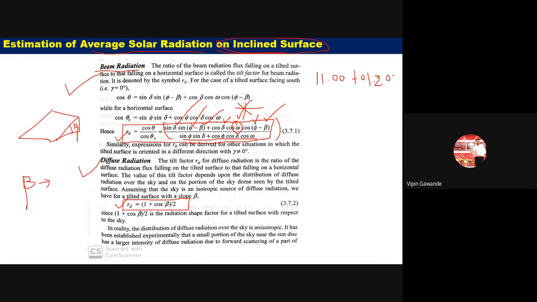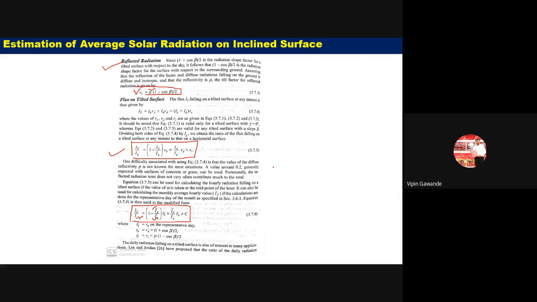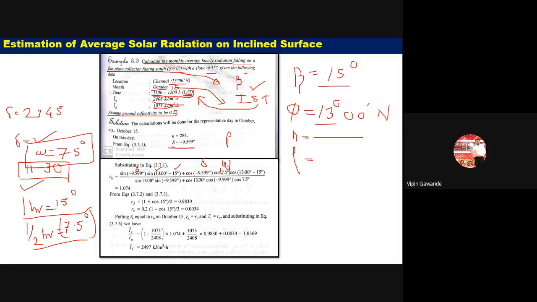That is 1 hour, which means 15 degree, but instead we consider half of that, the average, so the angle comes out to be 7.5 degree. We have calculated the value of RB, and RB comes out to be 1.704.